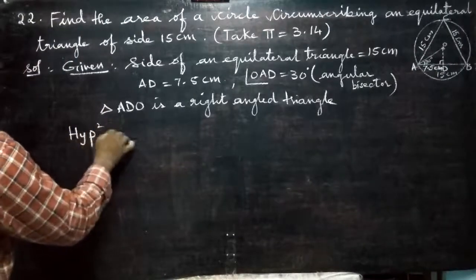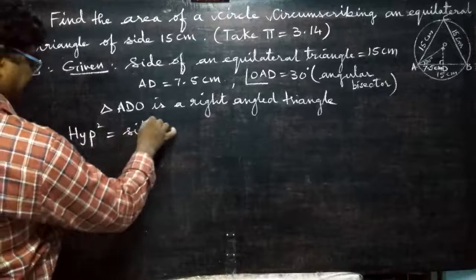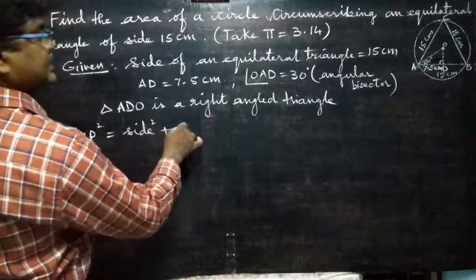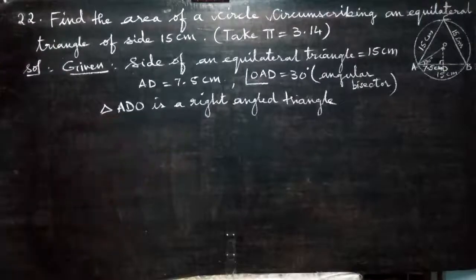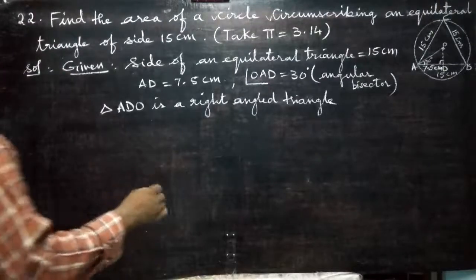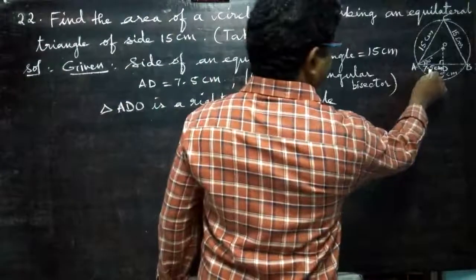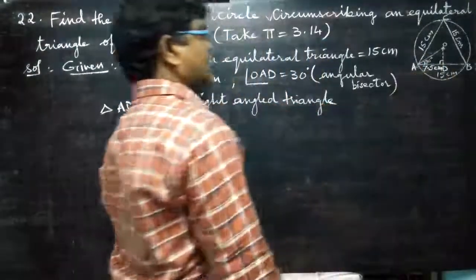Using that one, hypotenuse square is equal to side square plus side square, you can do. But here no need for that, we will take trigonometry directly. We have learned trigonometry. The adjacent side is there, the hypotenuse we have to find.